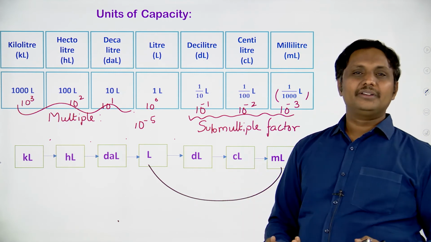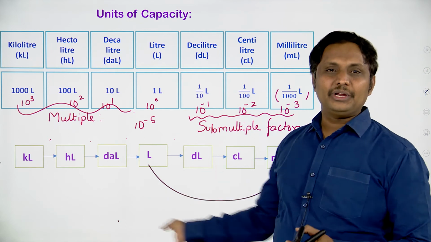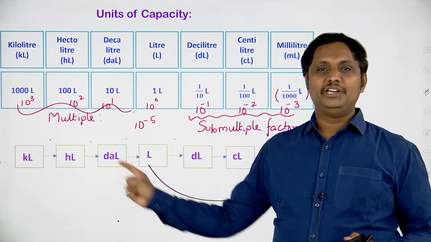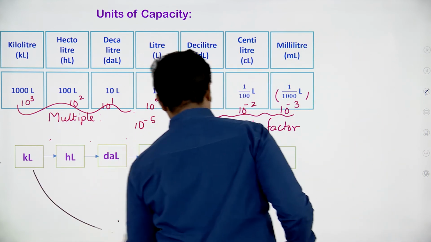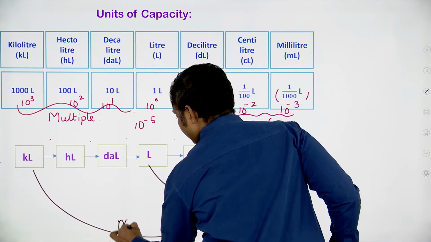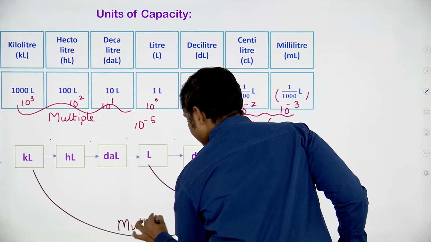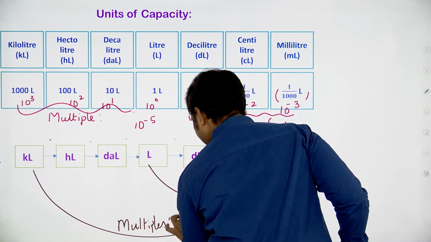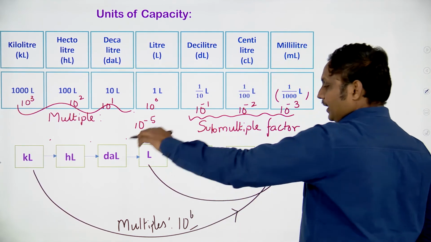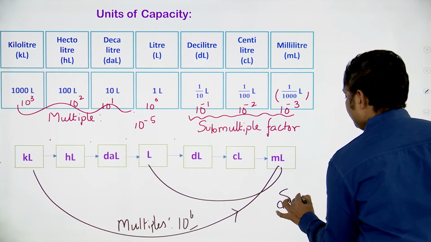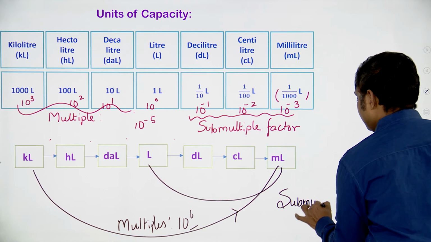You can convert 1 milliliter into kiloliter. It's easy for you. 1 kiloliter into milliliter, that is higher to lower, we have to use multiples. Lower to higher, we have to use submultiples.